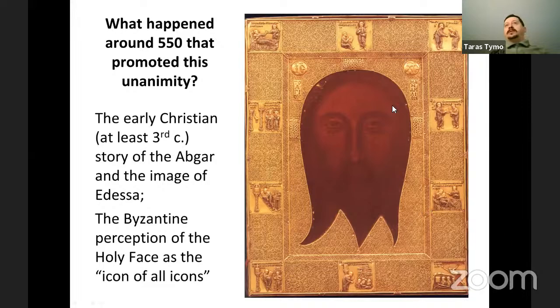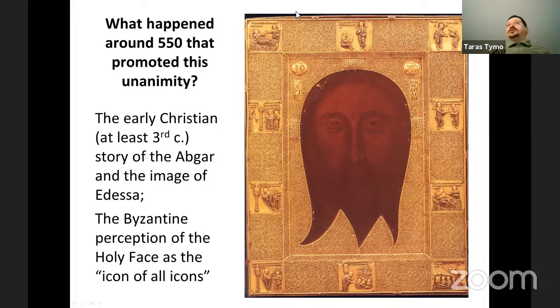So if we take this image, which is one of the multiple copies of the original linen cloth image that was found in Edessa, the story of this legend is represented here on the margins, those small images.